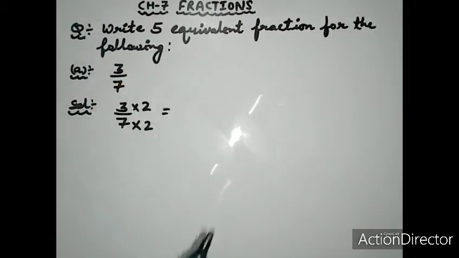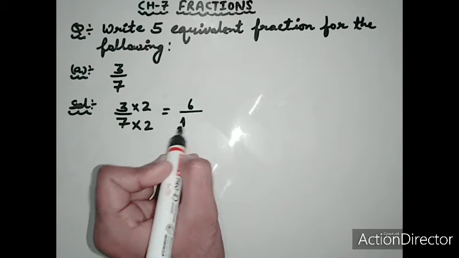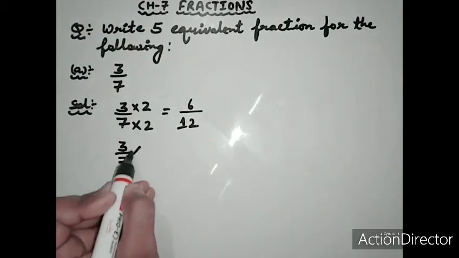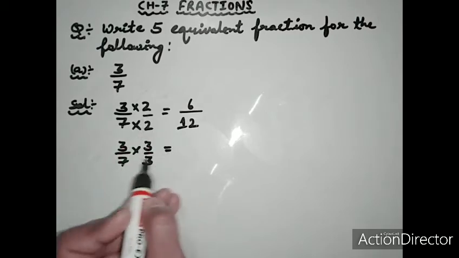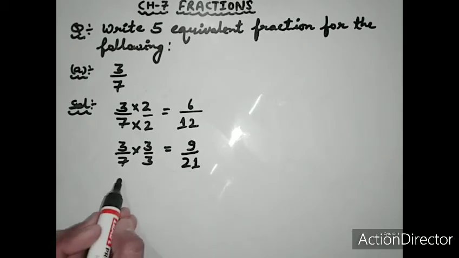But here we get only 5 equivalent fractions, so here we multiply these numbers. So 3 2s are 6 and 7 2s are 14. Now 3 upon 7 multiplied by 3. So here 3 3s are 9 and 7 3s are 21.